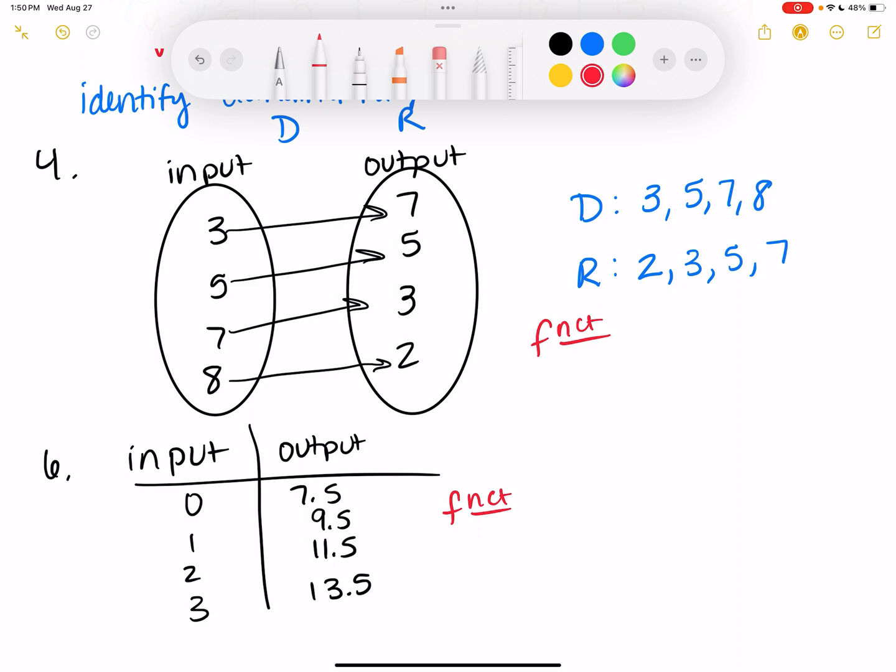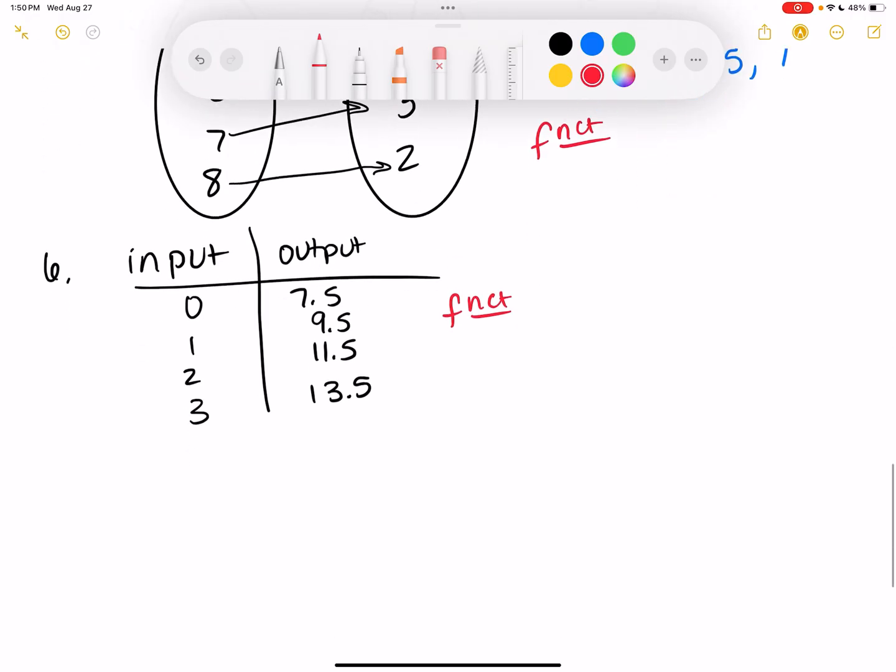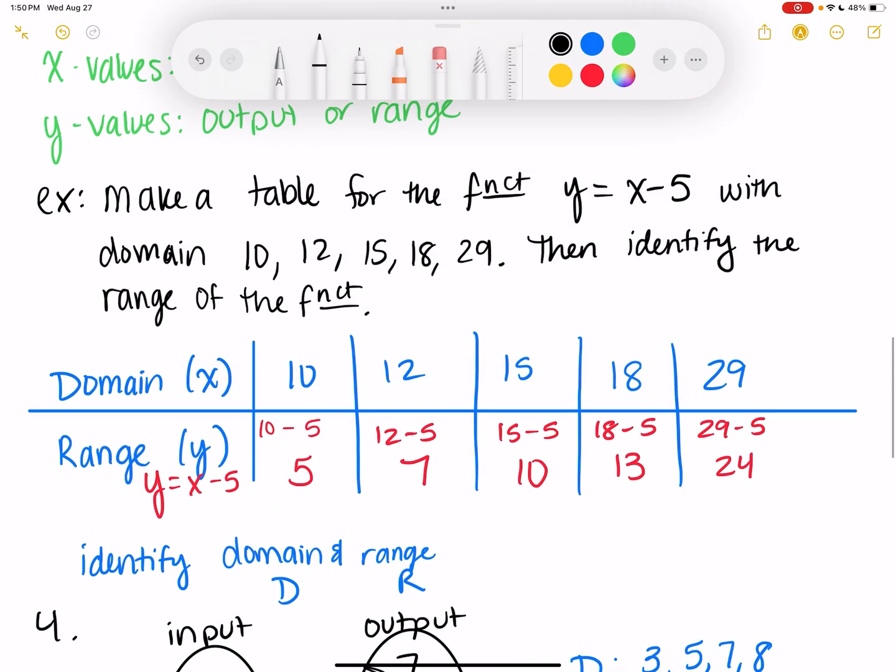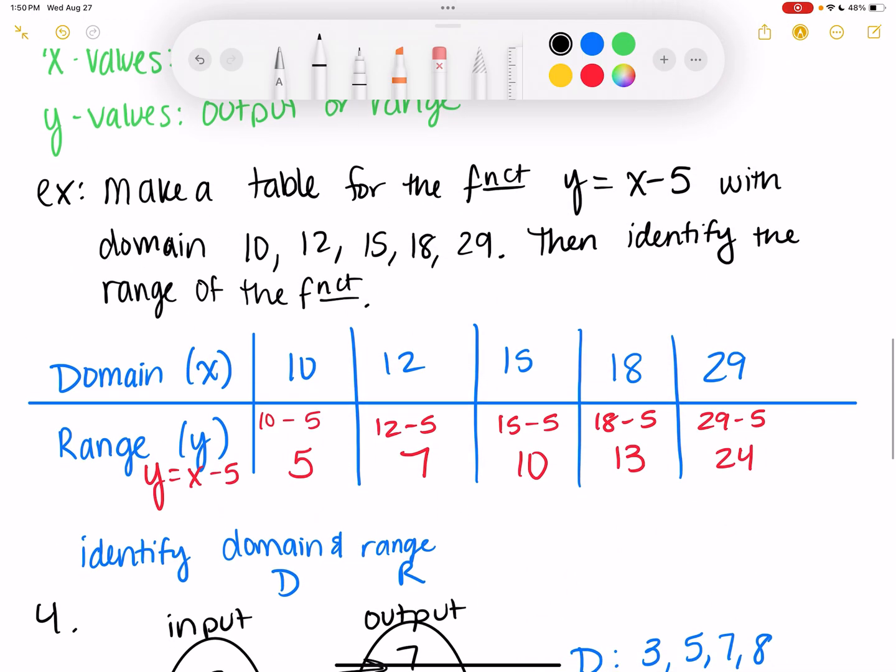All right, the next question is a multiple choice question, but it still works. It's going to be similar to this example that I did here for you.